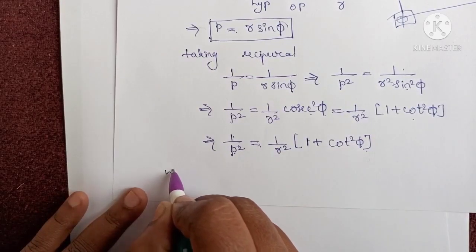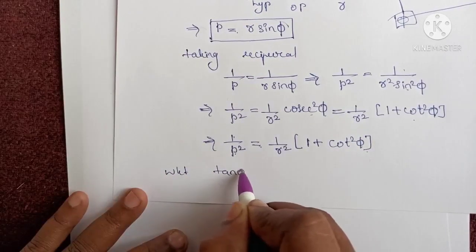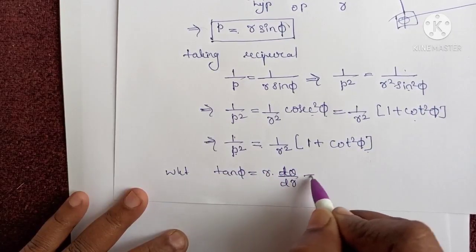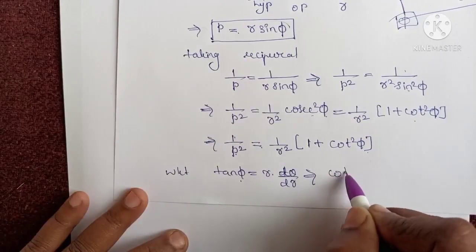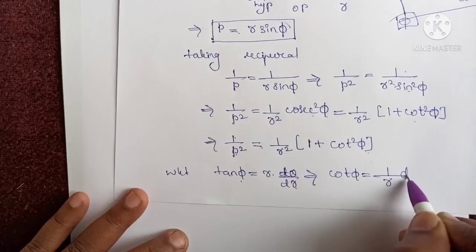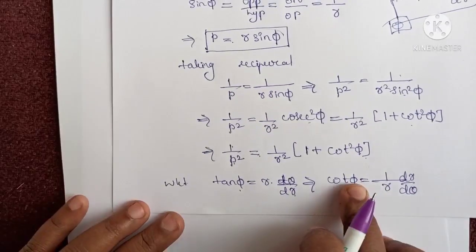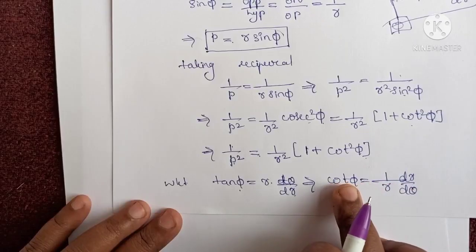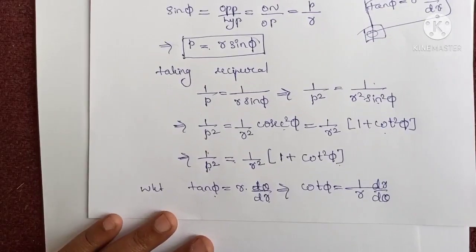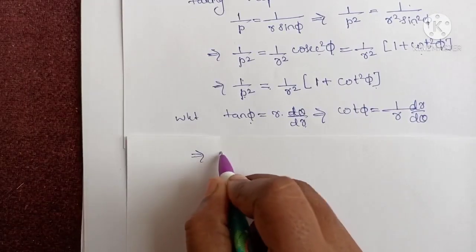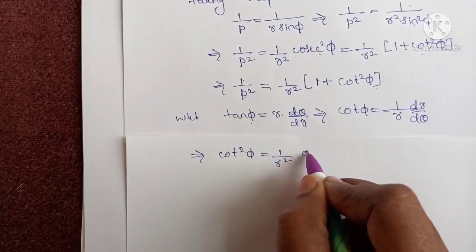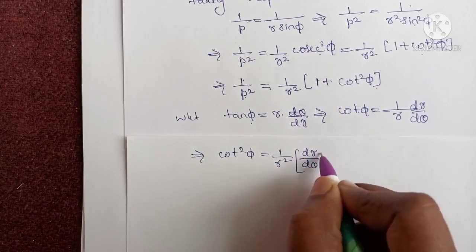So we have tan phi equals r d theta divided by dr. Taking reciprocal, we get cot phi equals 1 by r dr divided by d theta. Squaring on both sides, we get cot square phi equals 1 by r square (dr by d theta) whole square.